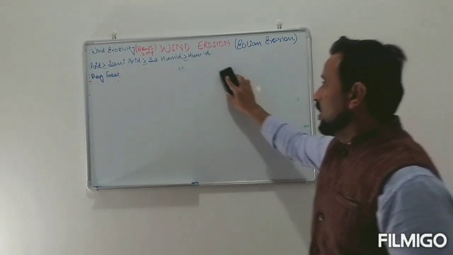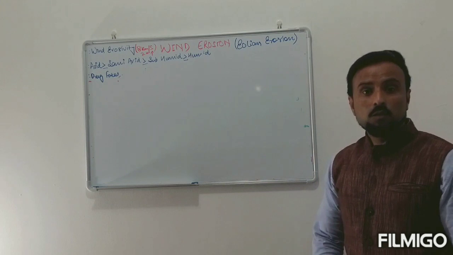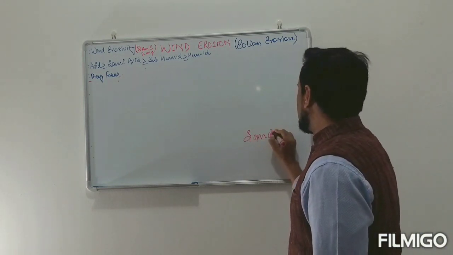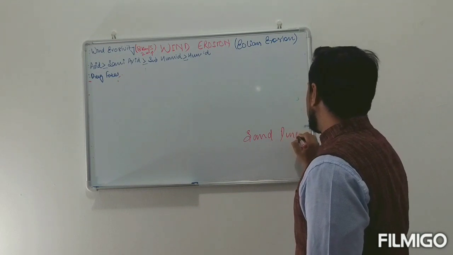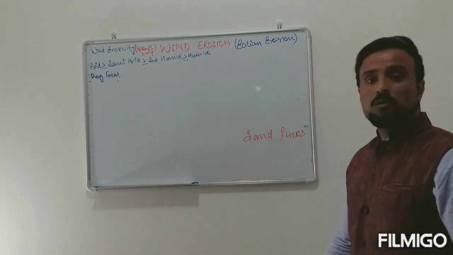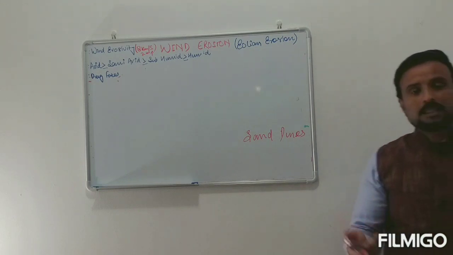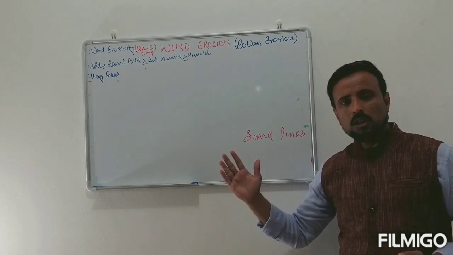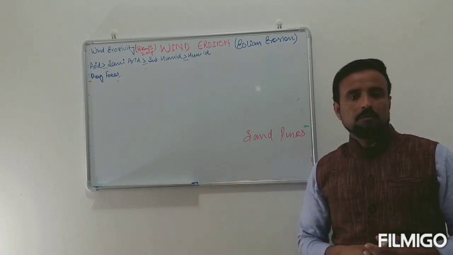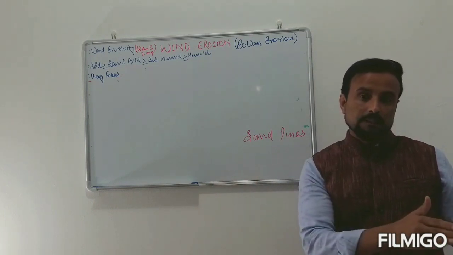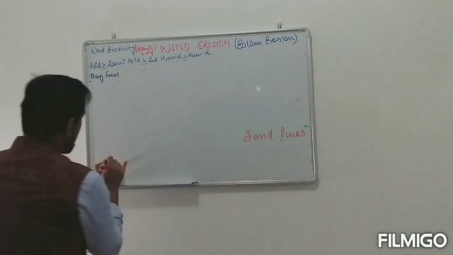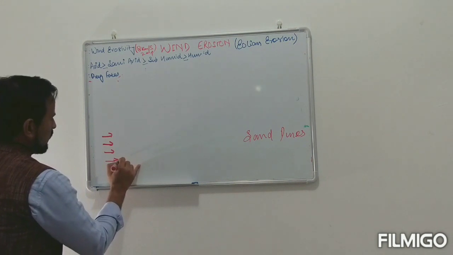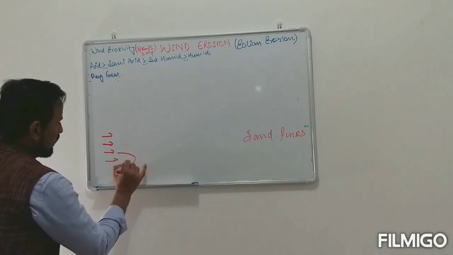Now I told you that sand dunes are the biggest example of wind erosion, in which slowly wind takes away the soil from a point A and accumulates it somewhere else, right? Suppose the wind is working from this way, right? So suppose there is sea here, right?